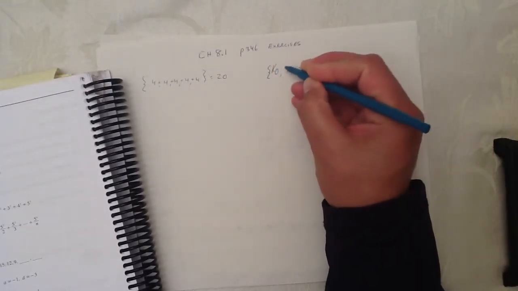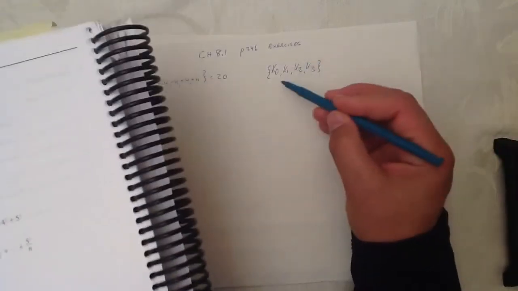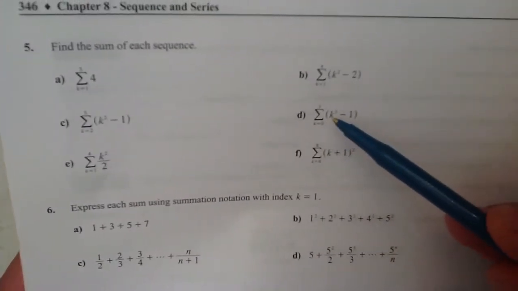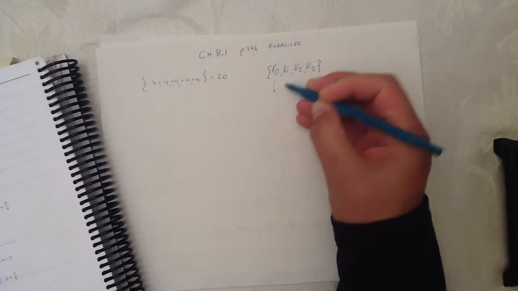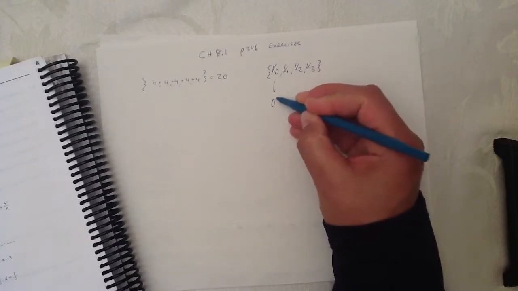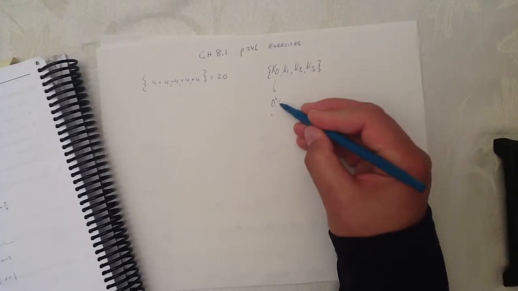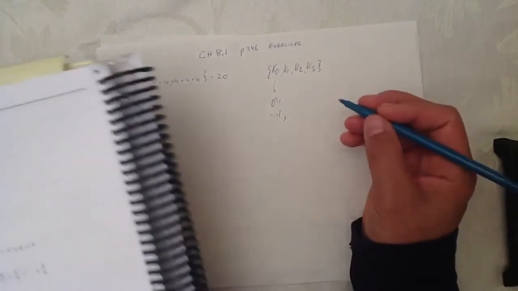It's k equals 0, 1, 2, and 3. And if we figure out what these values are for k 0 through 3, it's k cubed minus 1. So if I take 0 cubed minus 1, that equals 0 minus 1, or negative 1.